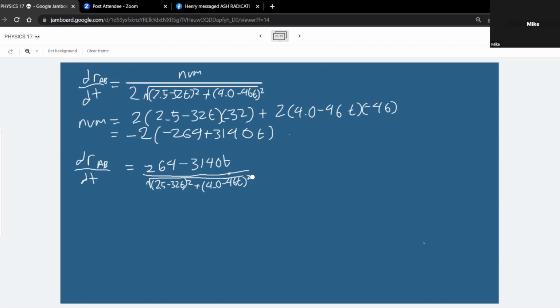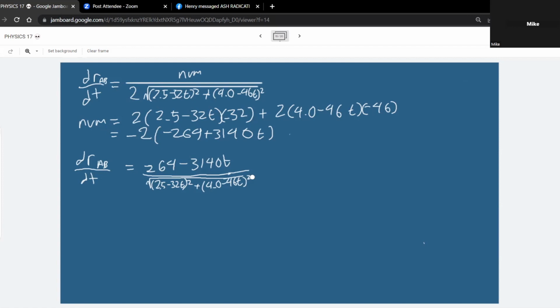Tapos, and then minus 32 square plus 46 square minus 3140t.